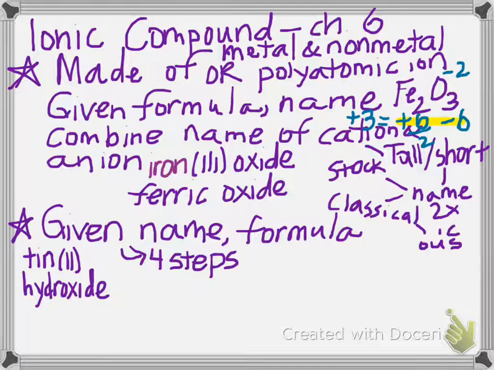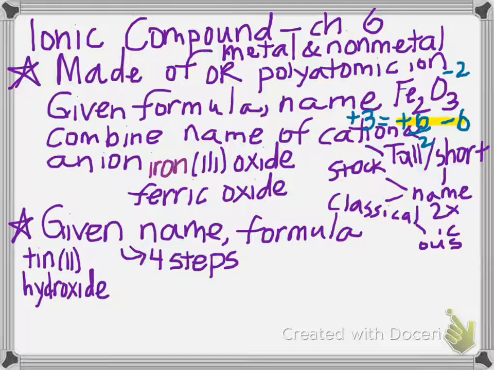The second step is we write our charges. The third step is we crisscross. Remember, we're only crisscrossing the charge itself, just the number, not the positive or negative. And then our last step is we make sure we have the simplest whole number ratio.